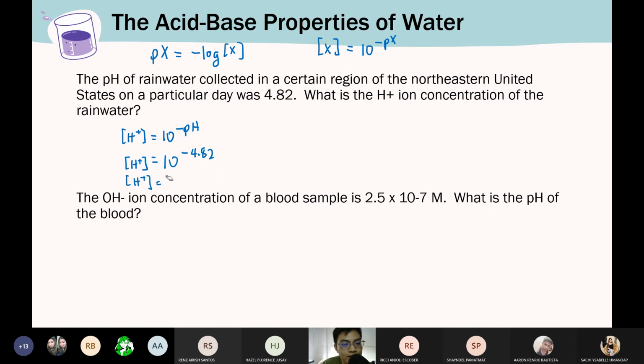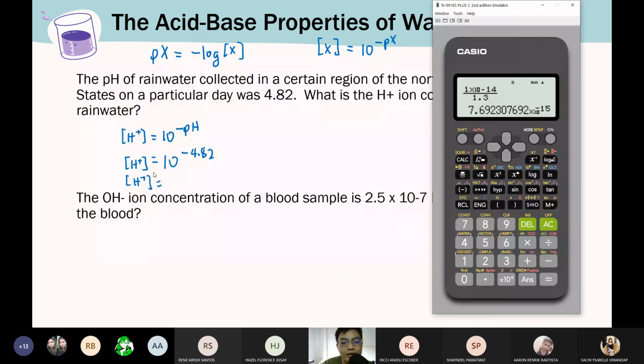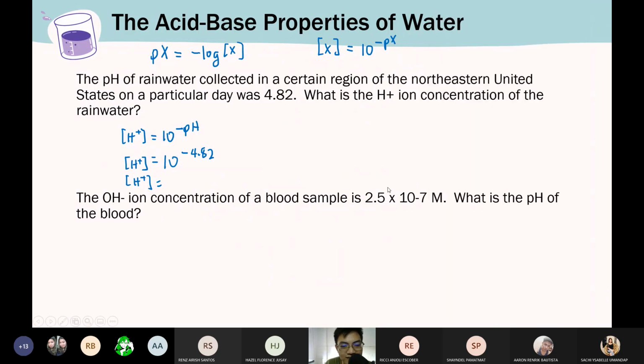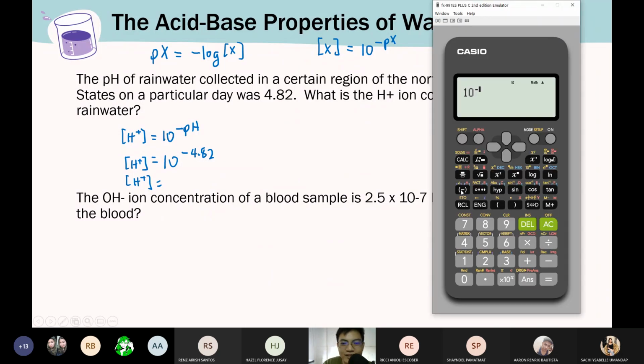Alalahanin niyo yung nasa lecture, ha? 10 raised to negative 4.82. Okay, so that's the concentration of hydronium ion, and as you can see, it's greater than 1 times 10 raised to negative 7.